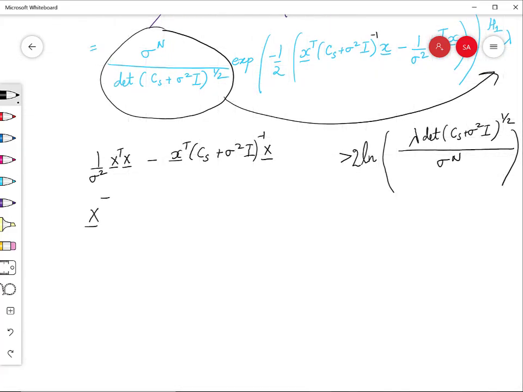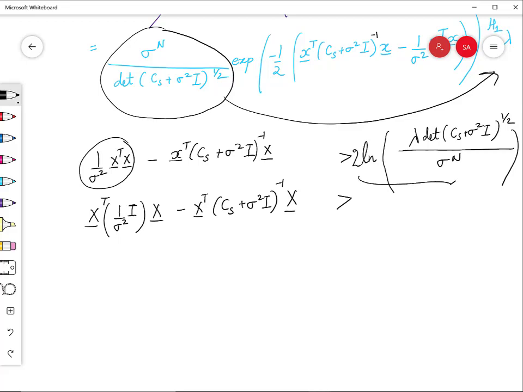And I can also write it in a more compact form. Let me take x transpose x common, so I can write this quantity as x transpose 1 over sigma square I times x, minus x transpose Cs plus sigma square I inverse x, greater than, let me call it lambda prime.